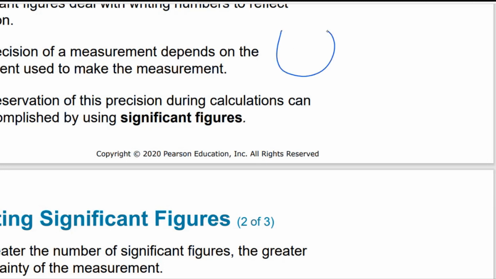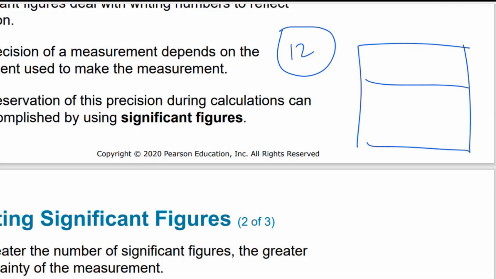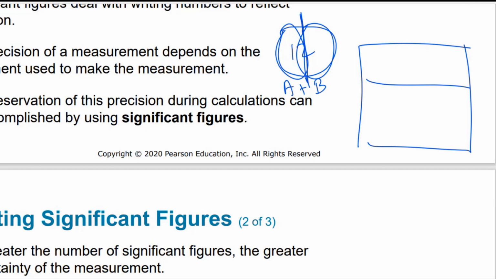Let's say we have a lump of coal. And let's say we know this coal weighs about 12 grams, but we can't measure it on our 10-gram scale. Scale only goes to 10 grams. So what am I going to do? I'm going to cut my lump of coal in half, and I'm going to weigh these halves one at a time. And I'm going to add half A plus half B. I'm going to add those two masses together.